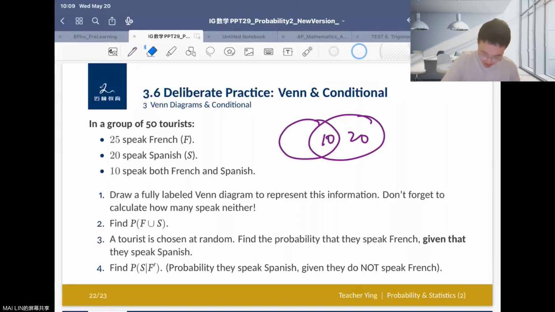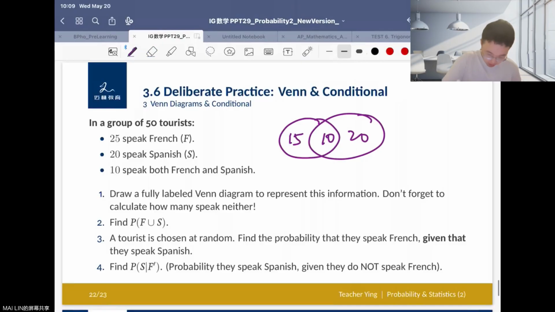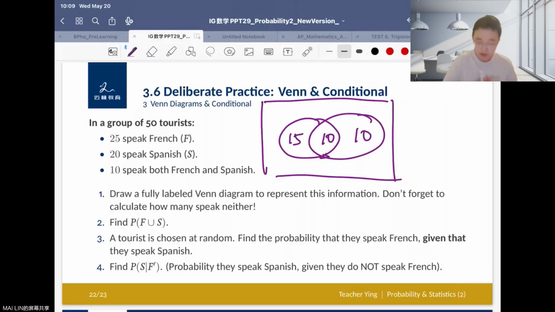So 15 speak only French and 10 speak only Spanish. There are 35 students in total, but 15 children cannot speak French or Spanish. So we can draw the Venn diagram.